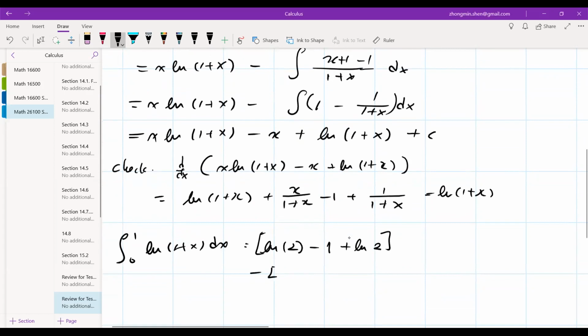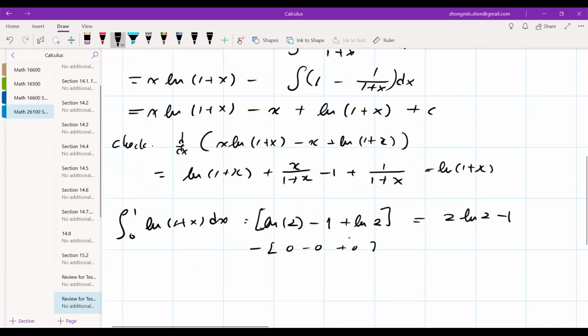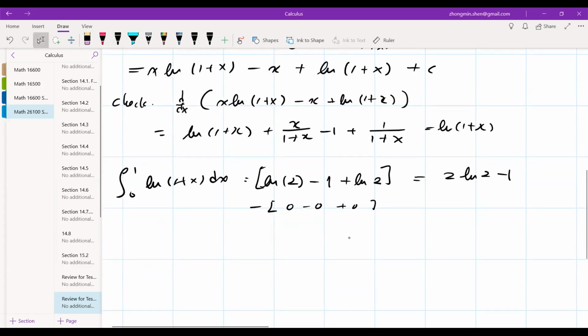Minus, plug 0 for x, it's going to be 0 minus 0 plus 0. So anyway, it is going to be 2 natural log 2 minus 1. So this is the answer. For this double integral, you have to use substitution or integration by parts to evaluate this integral.